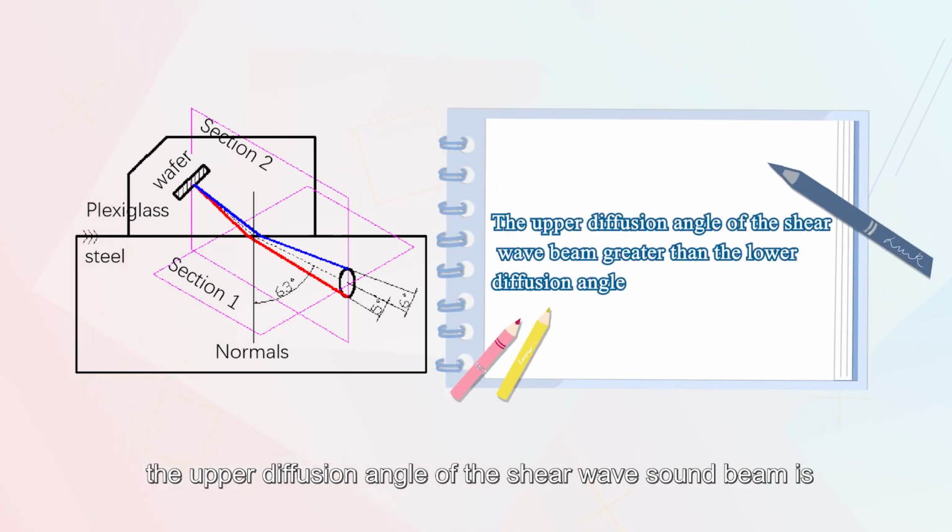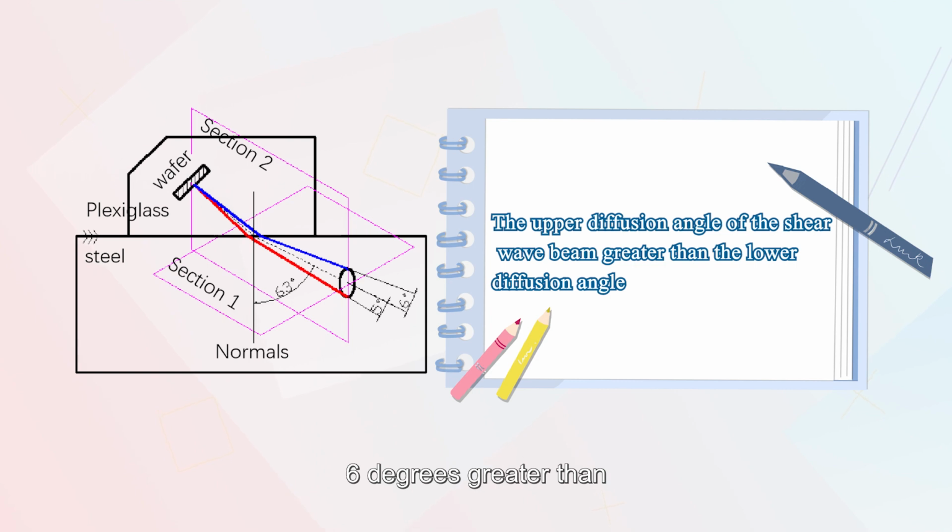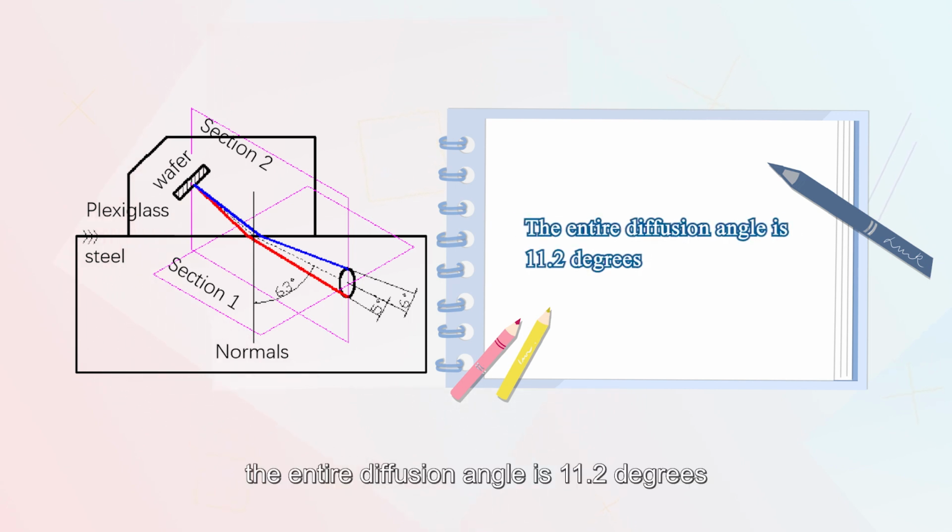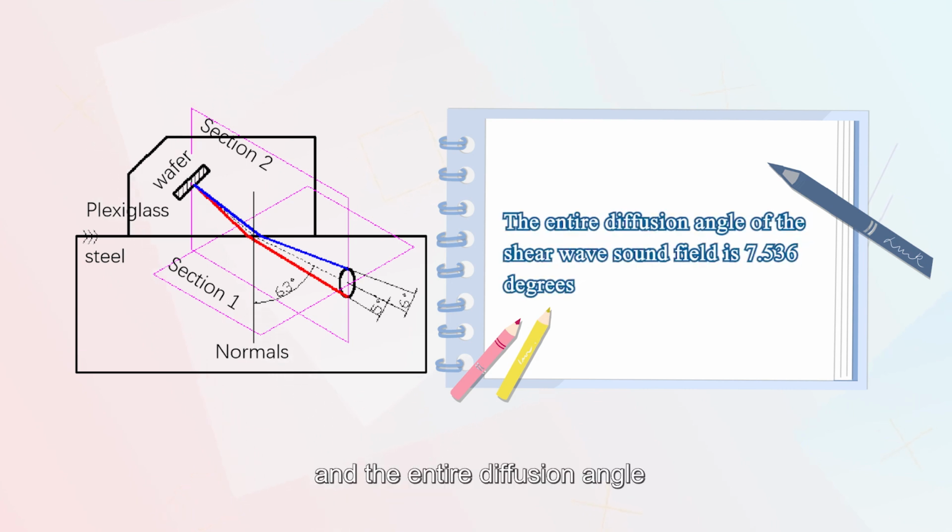According to the above calculation, in the plane shown in the figure, the upper diffusion angle of the shear wave sound beam, 6 degrees, is greater than the lower diffusion angle of 5.2 degrees. The entire diffusion angle is 11.2 degrees, and the entire diffusion angle of the shear wave sound field perpendicular to the blackboard plane is 7.536 degrees.